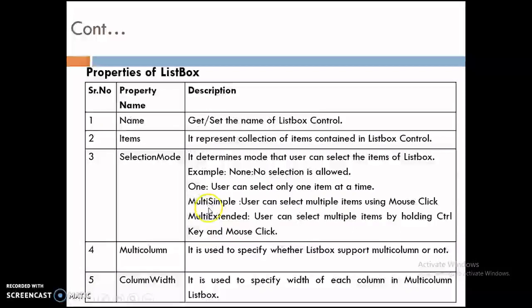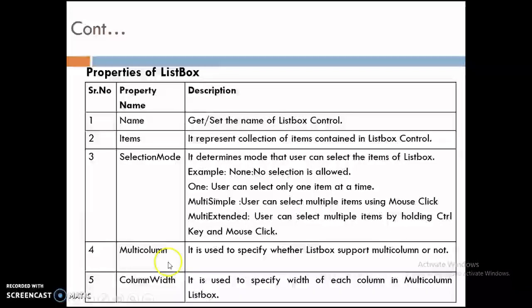But the main difference is when user selects MultiSimple, then multiple items can be selected using mouse clicks. And if user selects MultiExtended, then user can select multiple items by pressing Ctrl key and mouse click.